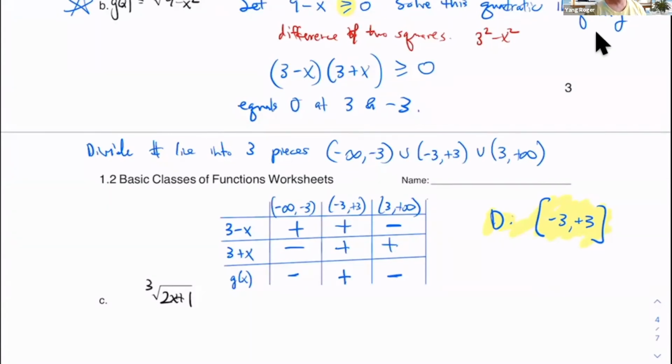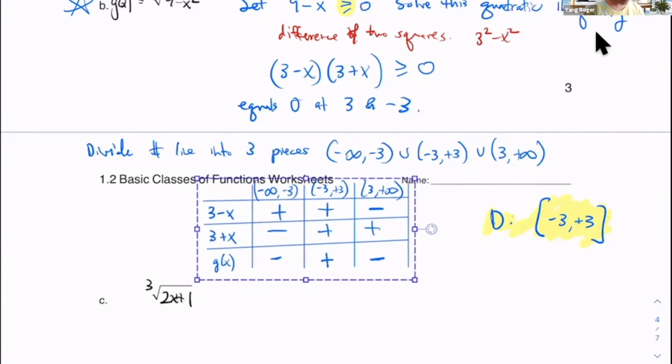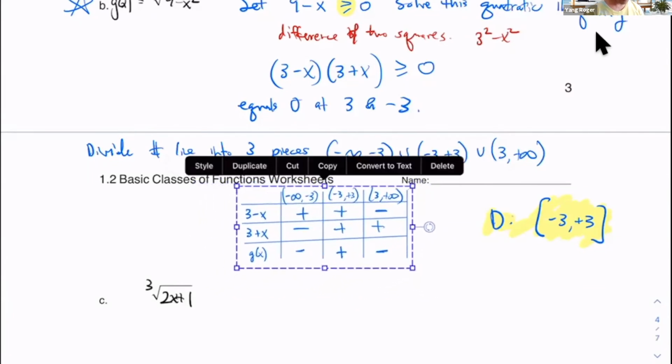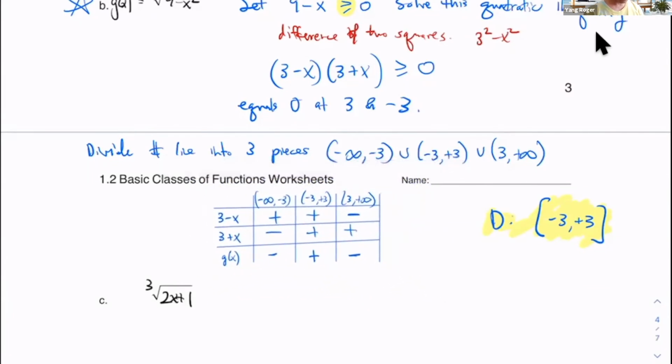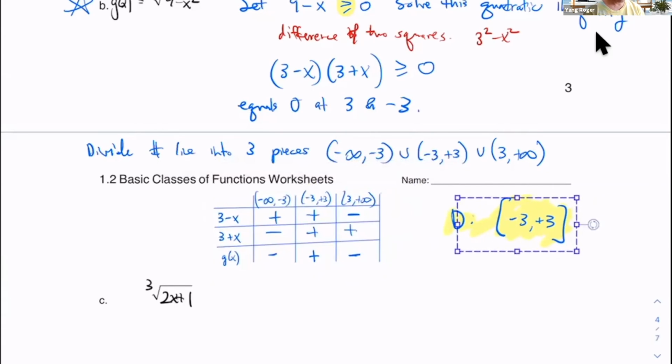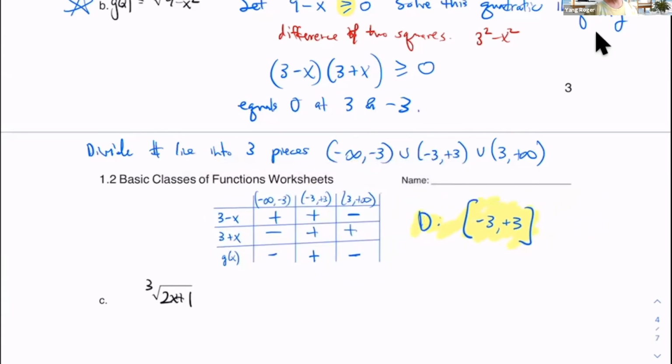This is something we're going to do in the future again. So I wanted to show this to you now in a safe environment, and then we're going to do it using calculus techniques later. Any questions about this example? We're good? All right, perfect.